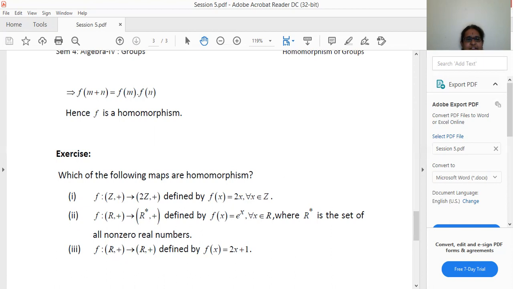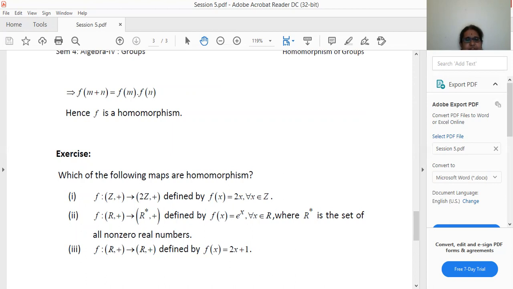Suppose you take the first example here. On both sides the operation is addition, but the sets are different. The domain set is the set of all integers, that is, it includes even, odd, everything. Whereas the codomain consists of only the set of all even integers.